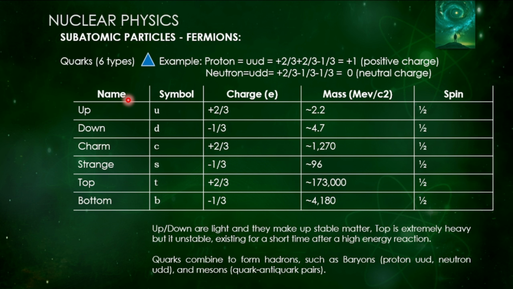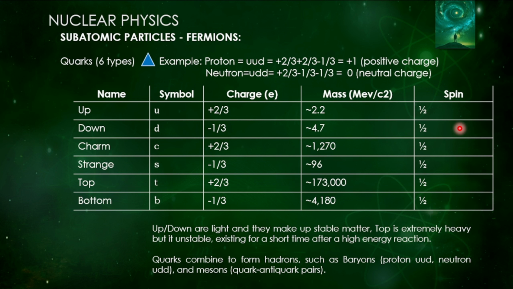Ancient conventions, if you will. At first, you have up, symbol U, and the charge is positive. You can say that up was called that because it has an upper charge, a positive charge greater than 0, which is plus 2/3, and the mass is around 2.2 MeV/c².